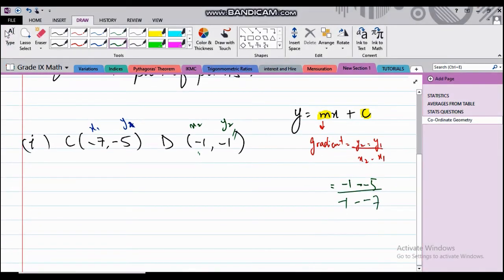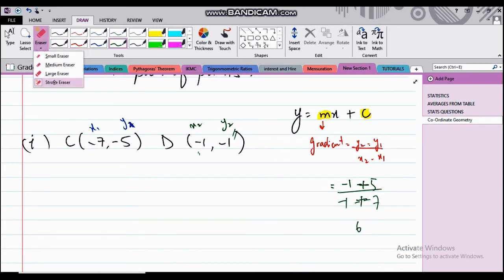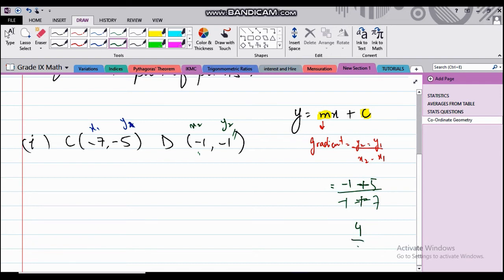So minus and minus give pluses: 5 minus 1 is 4, sorry, my bad, and 7 minus 1 is 6. Simplifying them, we get the answer 2 over 3.